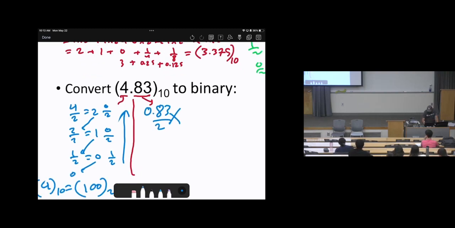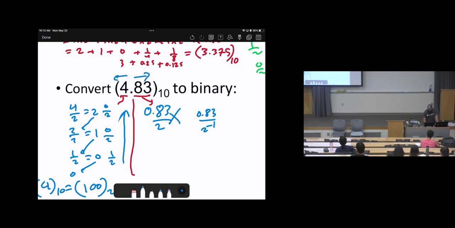So it looks like 0.83 divided by 2 power negative 1. I apologize, let me do it again. So after the radix point, on the right, divide by 2 power negative.